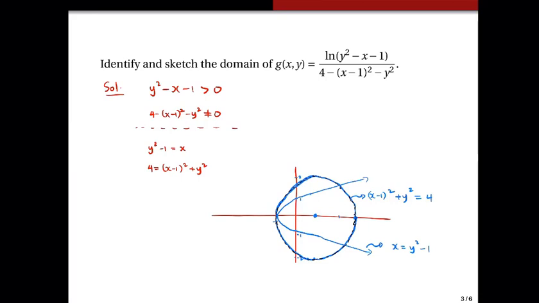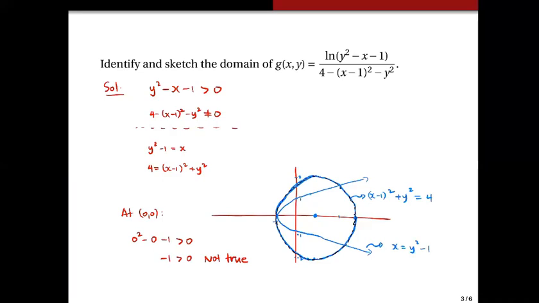So at the point (0, 0), we have 0 squared minus 0 minus 1 greater than 0. So you will have -1 greater than 0. This is not true.